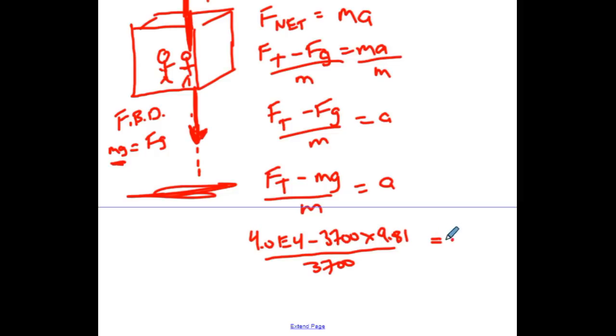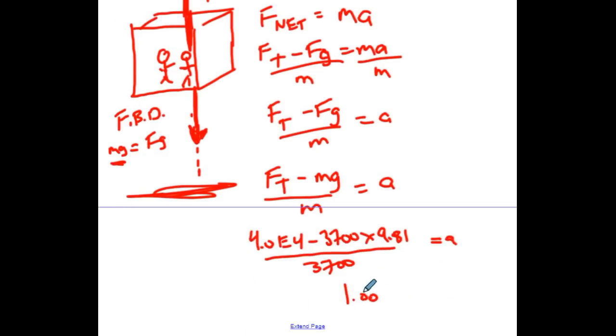This will tell me how much acceleration we have. So let's give that a try. 4 times 10 to the 4 minus 3,700 times 9.81, and then divide it all by 3,700 again. And I got an acceleration value of 1.00, I guess.